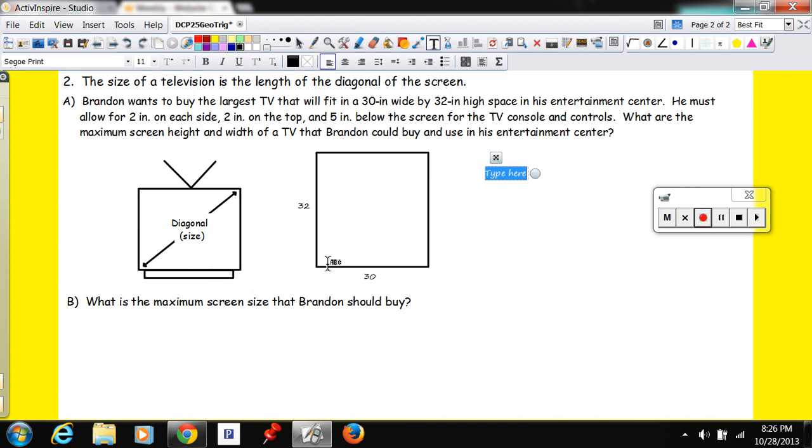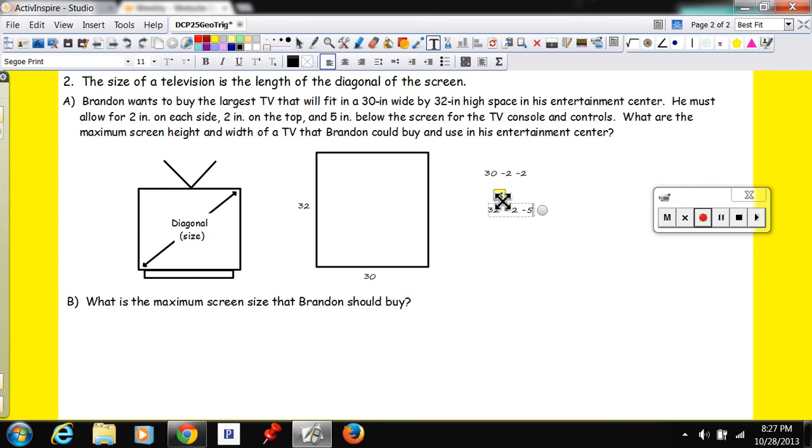So you originally started with 30 inches wide, but he has to keep 2 inches on each side. So basically the new width is going to be this right here. The new height was 32. He has to allow 2 inches on top, and 5 inches on the bottom.